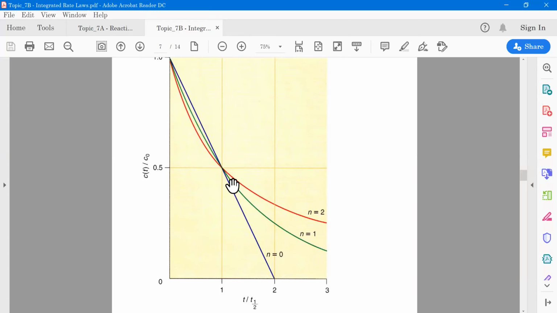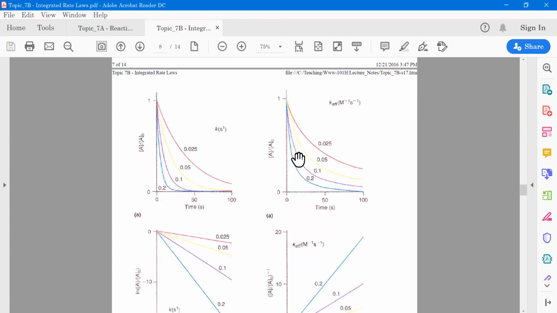First order and second order reactions at low times are almost close to linear, but they're not, they're curved lines. But as the reaction time gets longer, you can see that the second order reactions curve more than the first order reactions do. And that's because the reaction depends on 1 over the square of the concentration of the reactant.